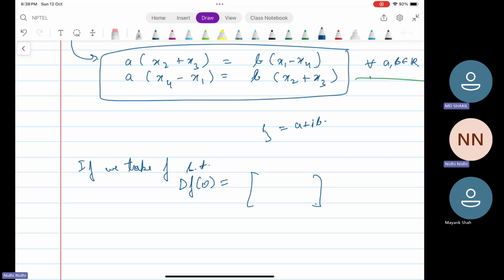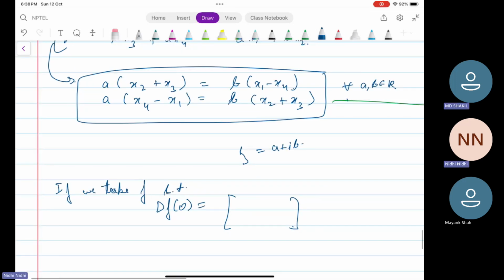But this relation should happen for every a, b, and we want to show that this is not happening for some example. So if we take another a plus iota b, then that does not hold in that case.